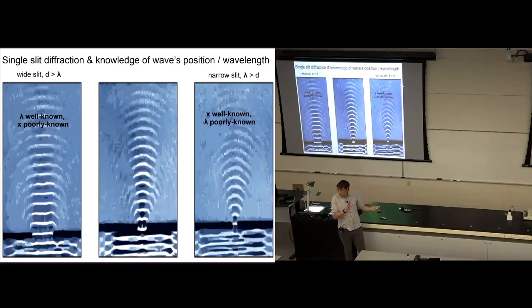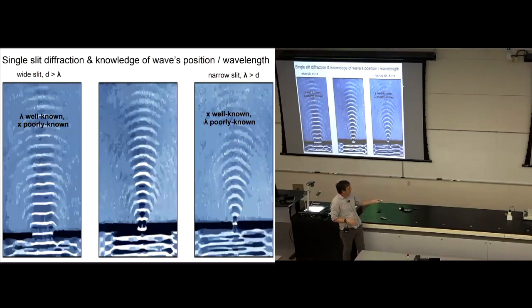Now, I don't mean a spread in the size of the wavelengths, but there's also a direction to wavelengths. Look, some waves are going over here to the left, some waves are going over here to the right. We've got a big spread in wavelength. So making the position of the wave well defined with the narrow slit spreads out the wavelengths.